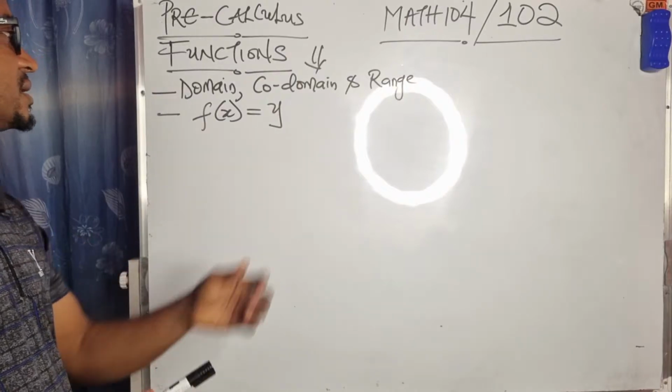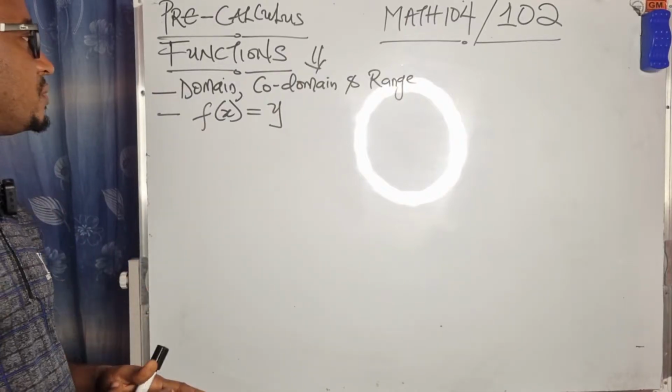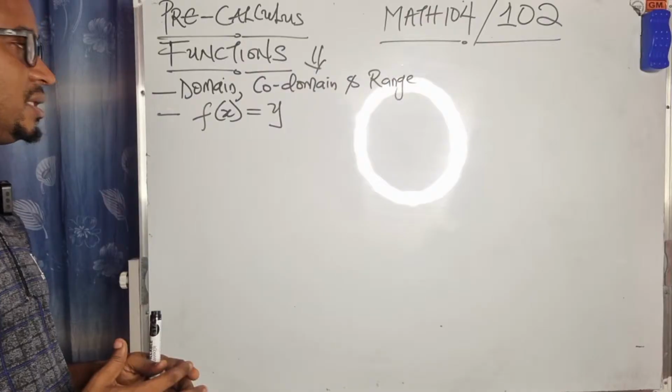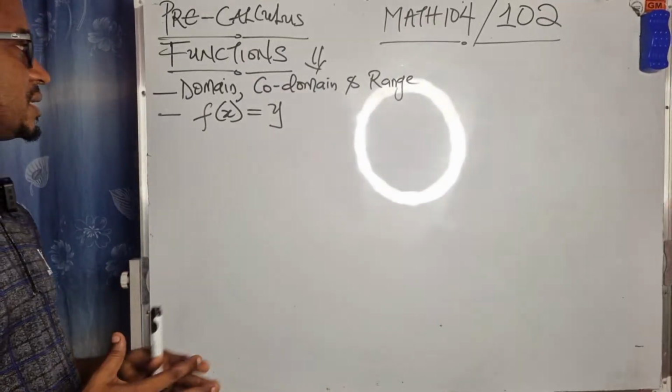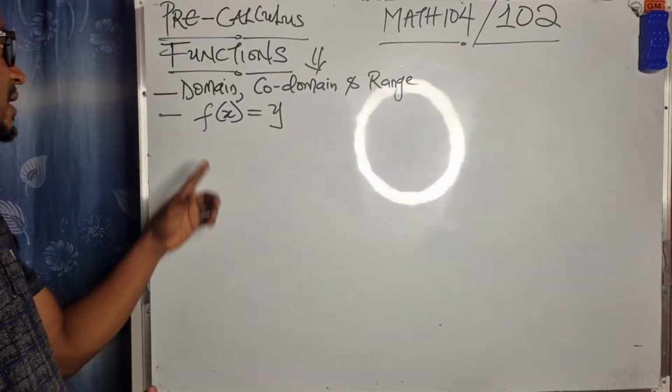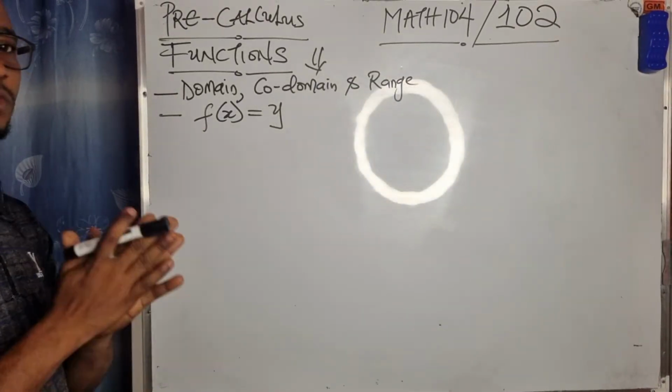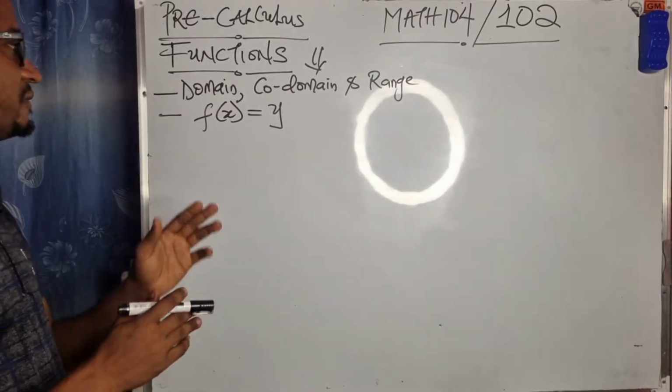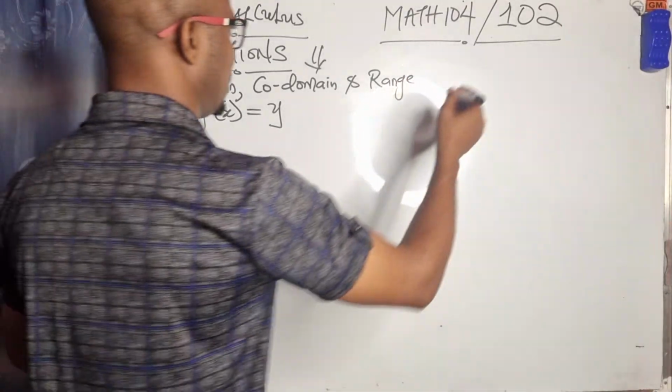Y represents the dependent variable. X also represents the domain, and y represents the codomain. F stands for function.